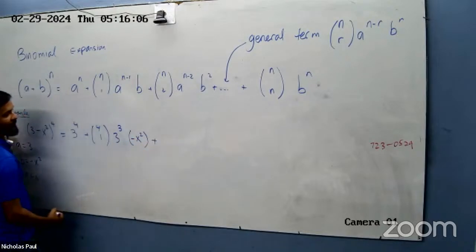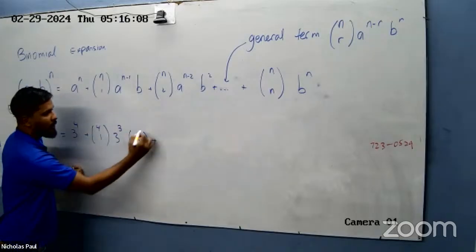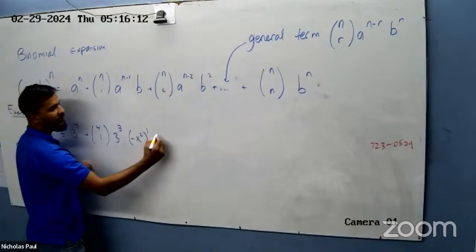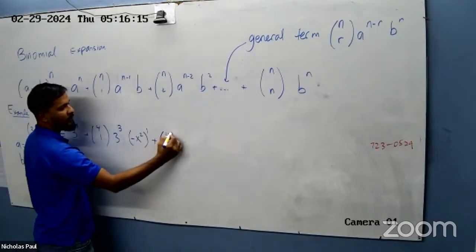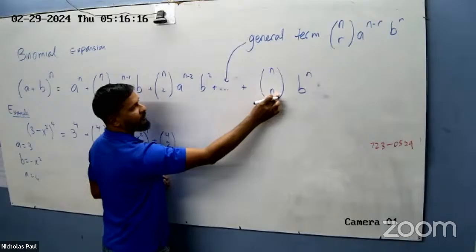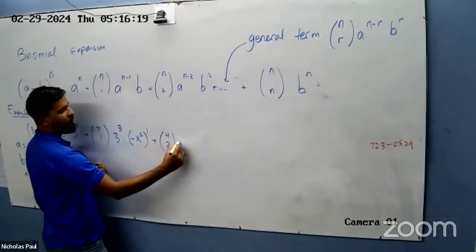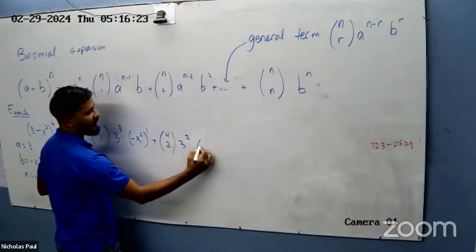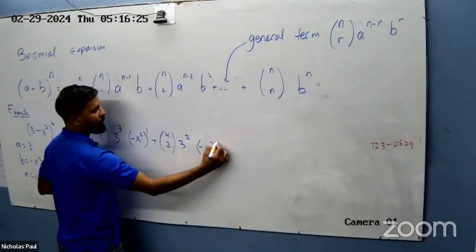And then we continue, we follow the pattern. You will always realize that the powers here add to 4, right? So we follow the pattern until we reach 4C4. So 4C2, I keep decreasing the powers here, and I increase the powers here.